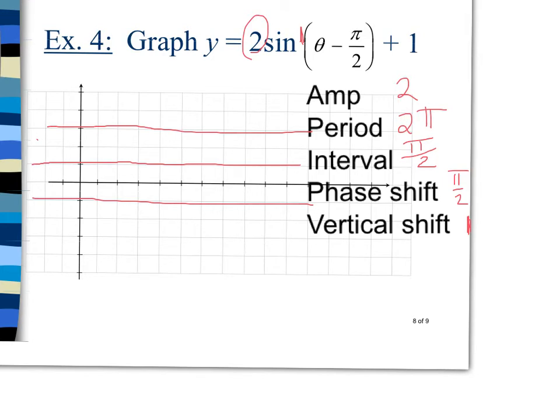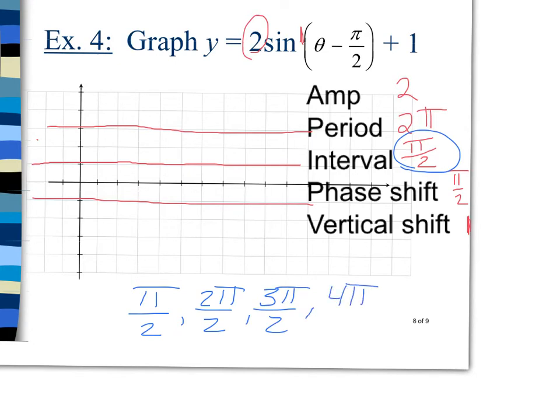We have a phase shift of pi over 2, so that sets my tick marks as pi over 2, and then my interval is pi over 2. So that's 2 pi over 2, 3 pi over 2, 4 pi over 2, and 5 pi over 2.